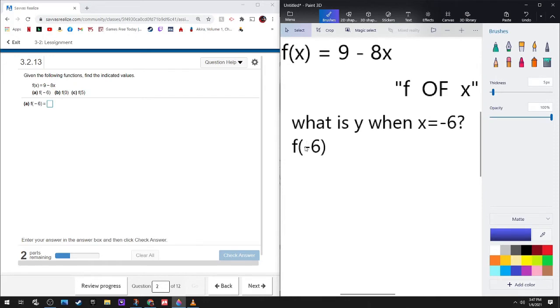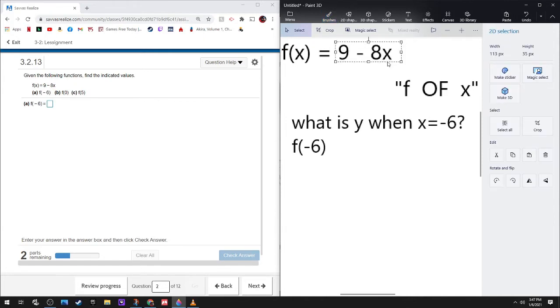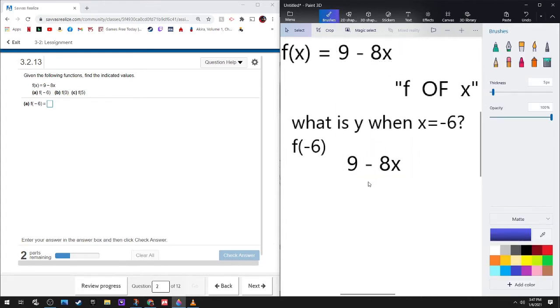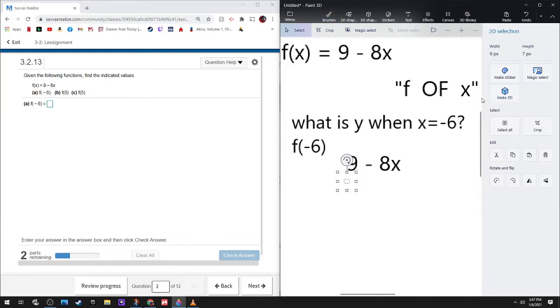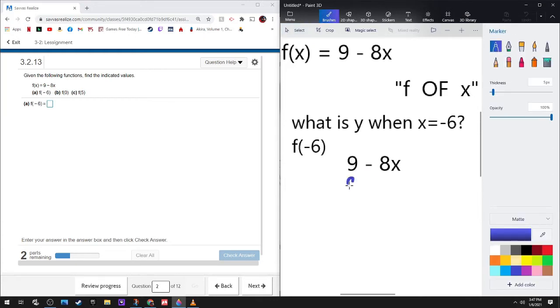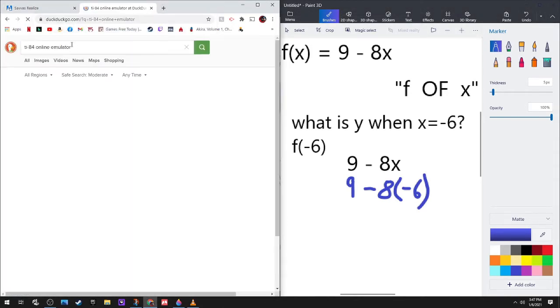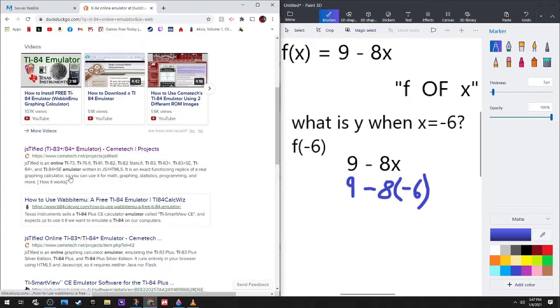So it's really just saying, hey, what's f of -6? You take this side of the equation, and you accidentally use the wrong tool, and you go 9 minus 8, and we're going to plug in -6 for x. So let's say you're struggling with, you know what that is. Well, let me just pull up my calculator.